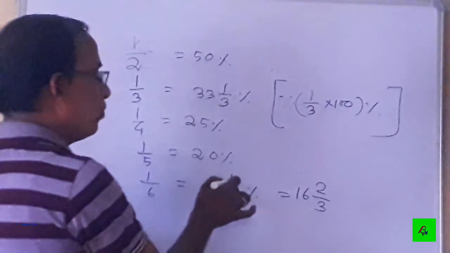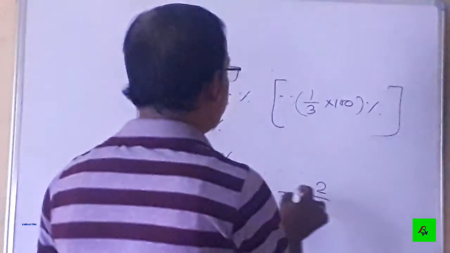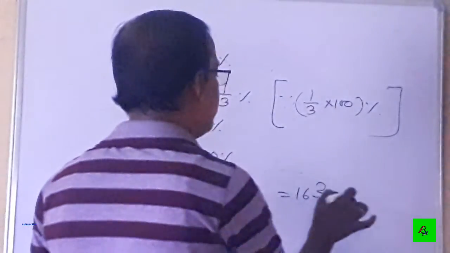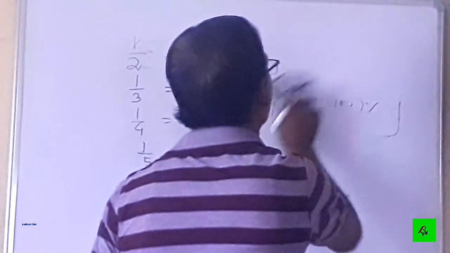On simplifying, 4 by 6 equals 2 by 3, so that percentage is 16 whole 2 by 3 percentage.